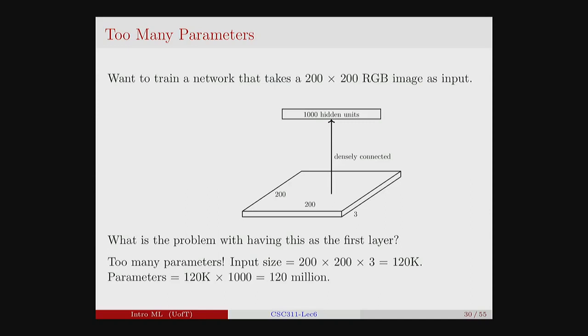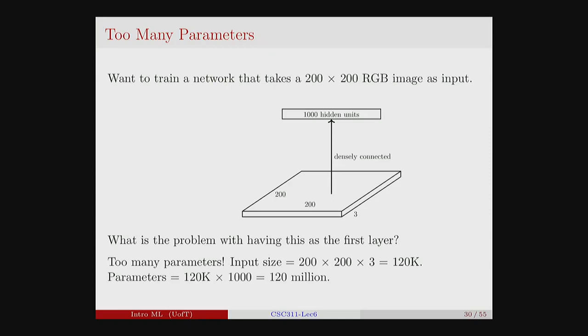Let's say you have a 200 by 200 pixel RGB input image. If you have 1,000 dimensional hidden units, then you effectively have an input size of 200 by 200 by 3, which is about 120,000, because I'm taking the R, the G, and the B plane of my image, and I'm turning them all into this one giant vector by flattening those three matrices, and that one giant vector has 120,000 dimensions.